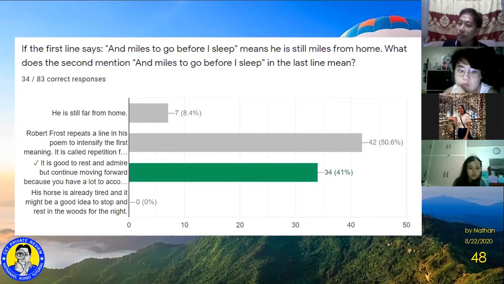form conclusion. Okay, remember our discussion: predicting outcomes, inferences, forming conclusion. This is where, even though Robert Frost did not write in the details, by adding your own knowledge with regards to miles to go before you sleep, you know right away that sleep could mean two things: sleep for the night or sleep forever in death, right?